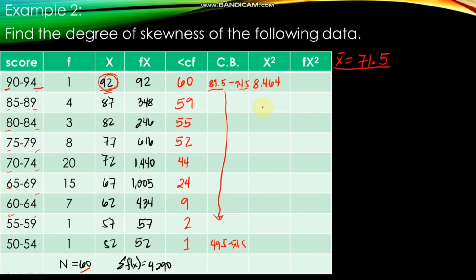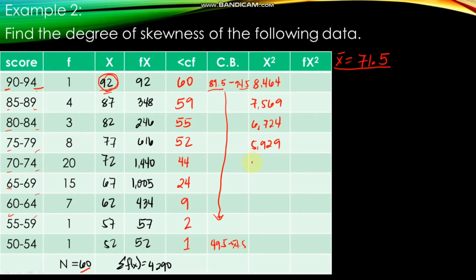Next, 87 times 87, that is 7,569. In this one, 6,724. And next, 5,929.